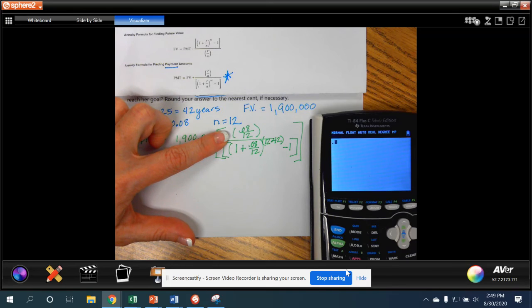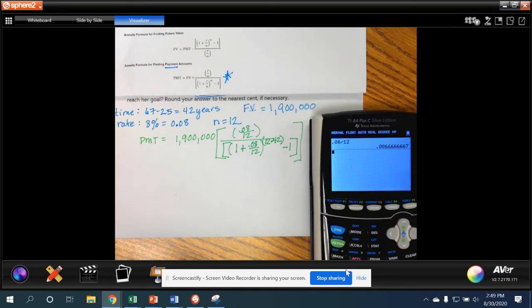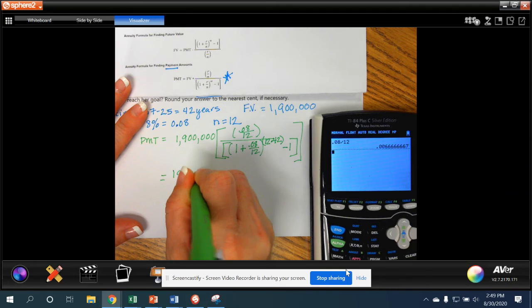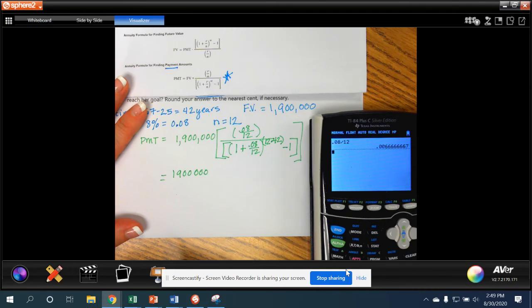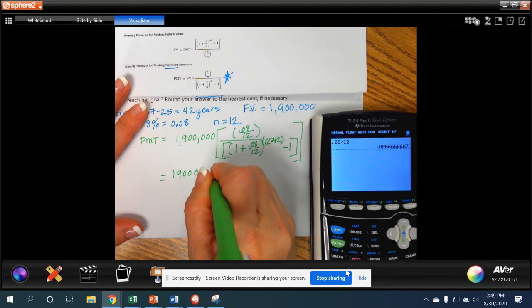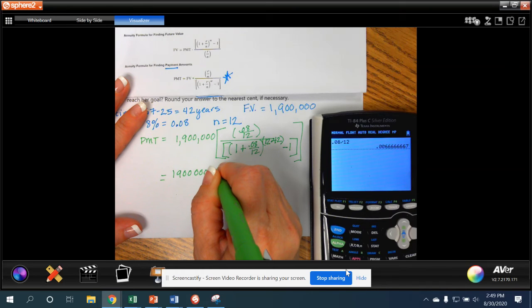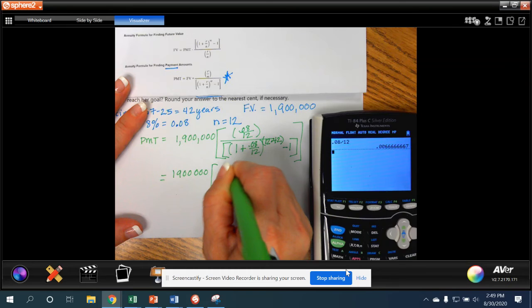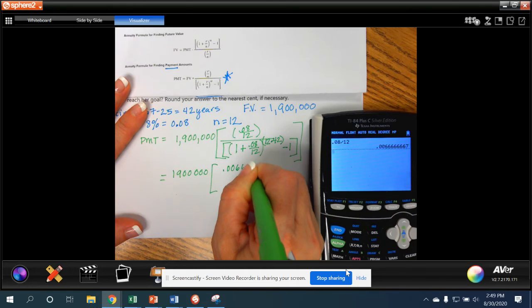So what is 0.08 divided by 12? I get 0.00666 repeating, basically. So I'm going to just put that here. Now this is, again, just another option for you. You do not have to do it this way. You can add the parentheses. This is times 0.0066666.